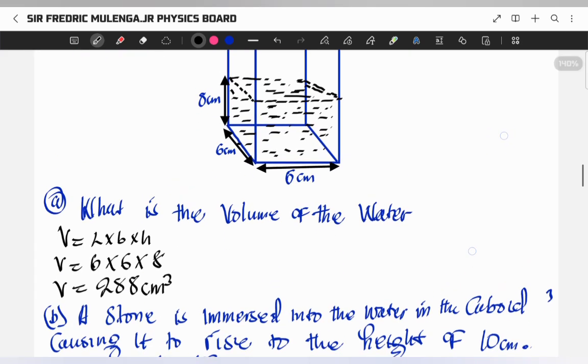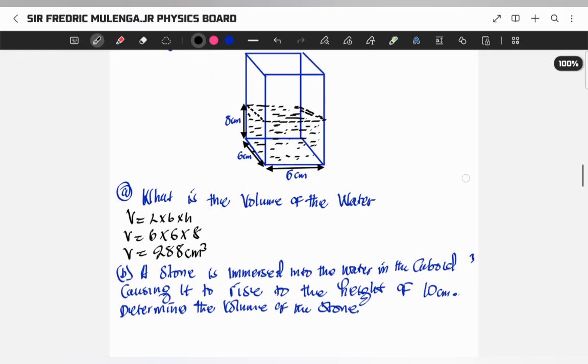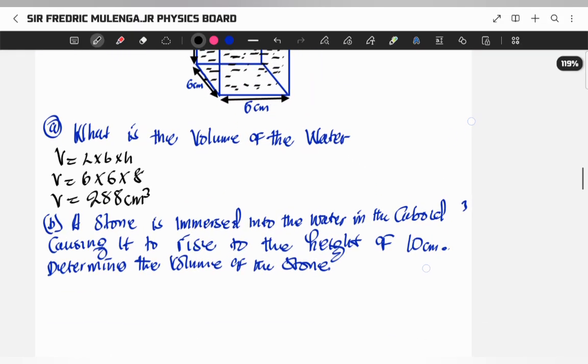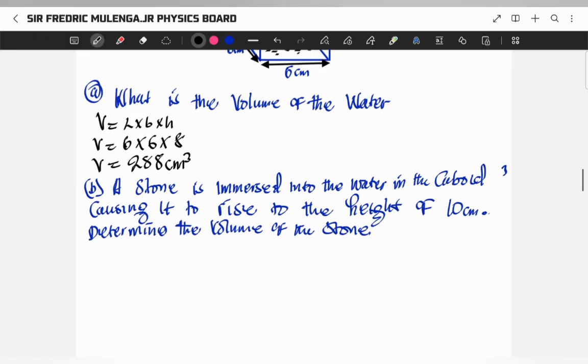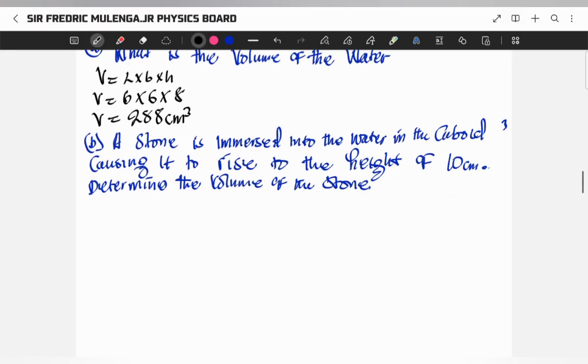All right, so question B, go ahead and say a stone is immersed into water in the cuboid, causing it to rise to the height of 10 centimeter. Determine the volume of the stone. So what we are going to do is solve the volume of this height. So volume is equal to L times B times height.